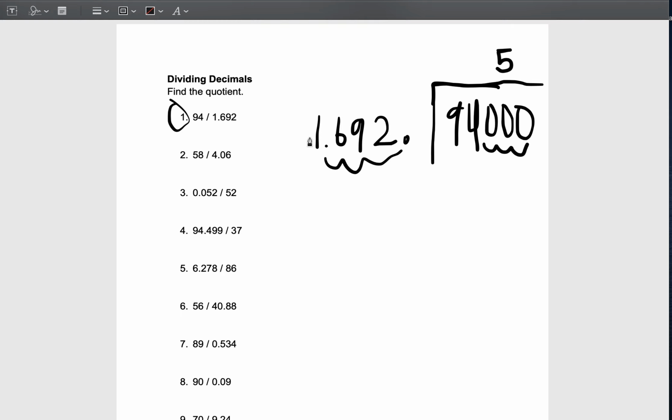Then 1,692 times 5, if you just do that on the side, equals 8,460. We're going to be subtracting that like we do in division all the time. 0 minus 6, which is 10 minus 6, is 4. Changes to a 3.